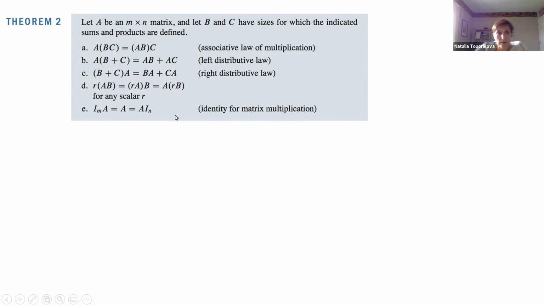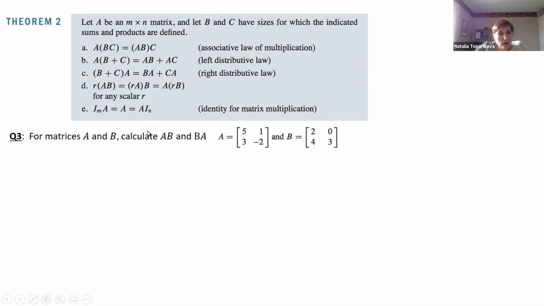Notice that n and m are different because matrix A has a different number of rows and columns. If we multiply from the left, we need the m size matrix, and from the right, we need the n size matrix to match the rows and columns of our original matrix A.